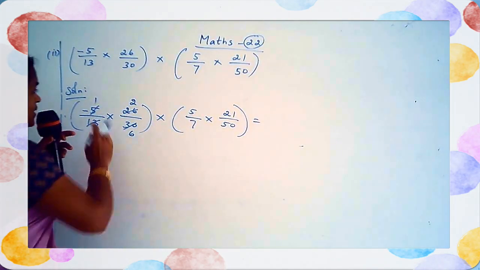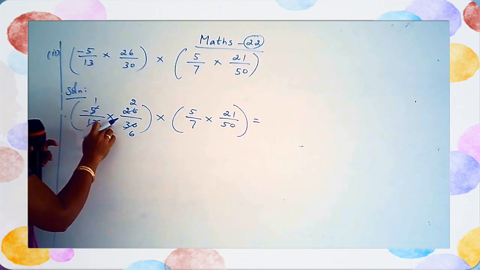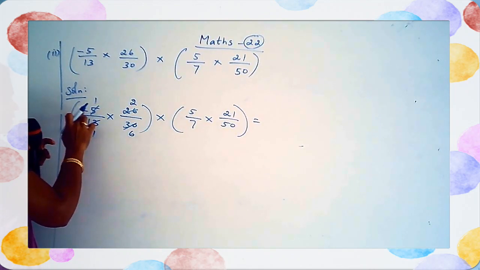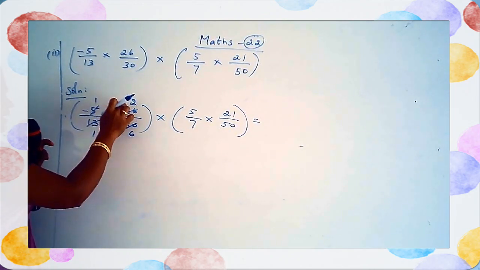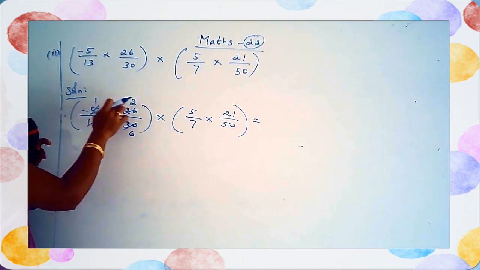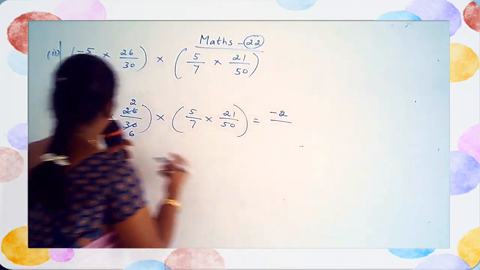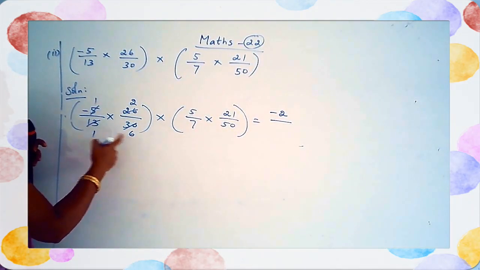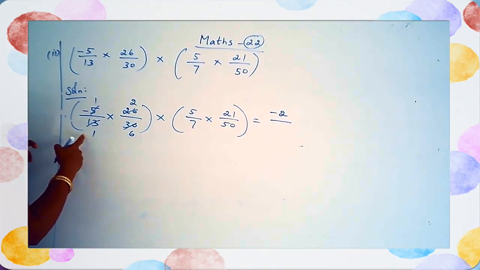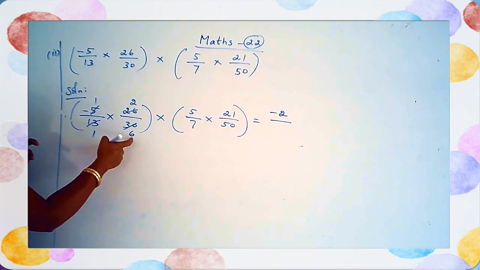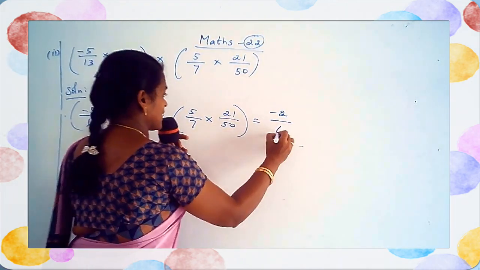So this is multiplication. In multiplication, multiply numerator by numerator. So minus 1 into 2, minus 2, upon denominator 1 and 6. Multiply denominator by denominator. So 1 6 is 6.